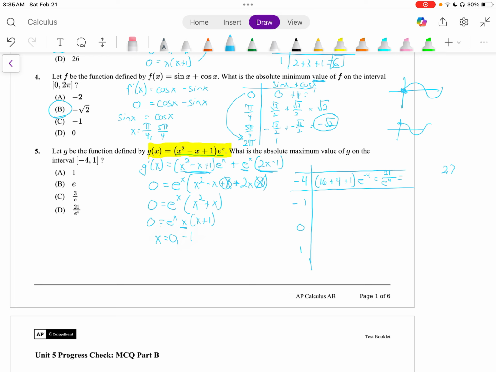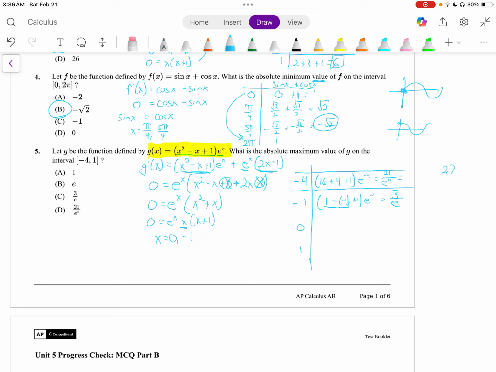Putting negative 1 into our function, negative 1 squared is 1, minus negative 1, plus 1, times e to the negative 1. Again, that e goes to the denominator. We have 1 plus 1 plus 1, so 3 over e.